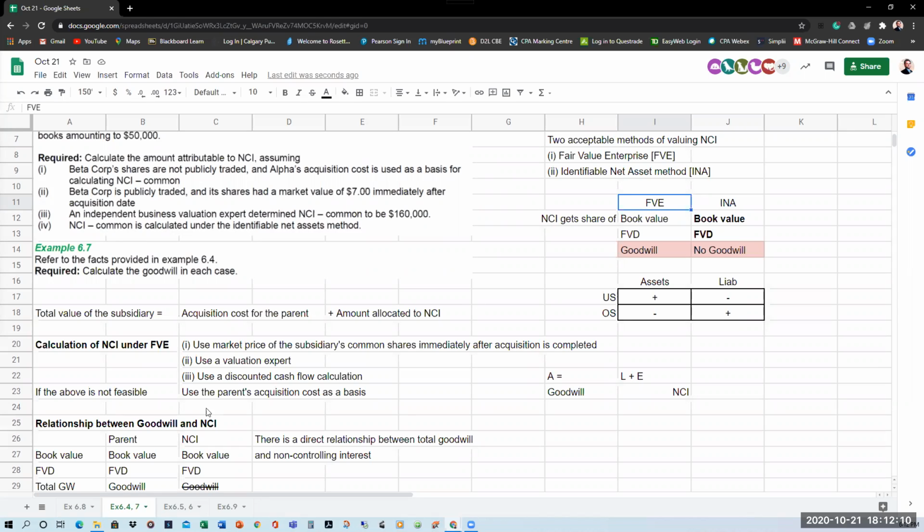And under the fair value enterprise method, the most preferred approach is to use the market price of the subsidiary's common shares immediately after acquisition is completed.